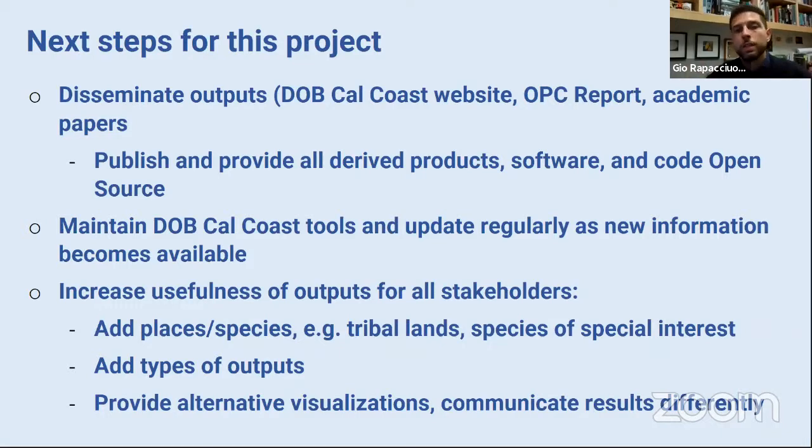And so we think it has broad appeal to the broader academic community who might want to use iNaturalist data for different purposes or in different places. As part of all of this, we are committed to publishing and providing all derived products and software and code, in fact, to build the tools and generate the outputs as open source.